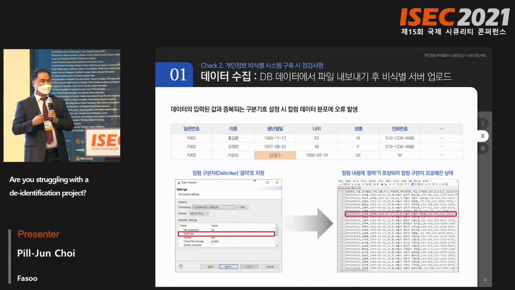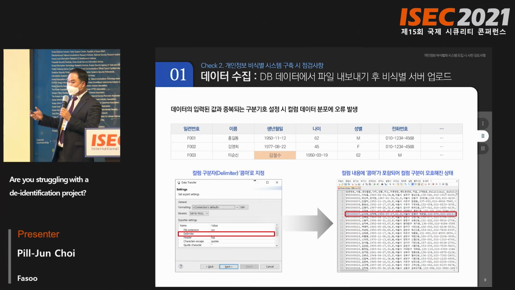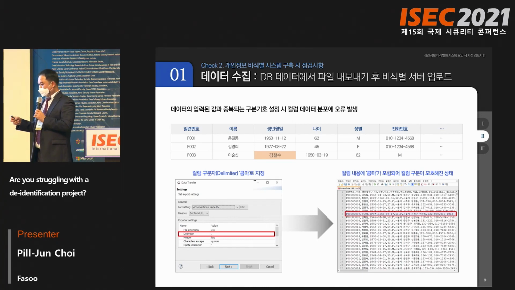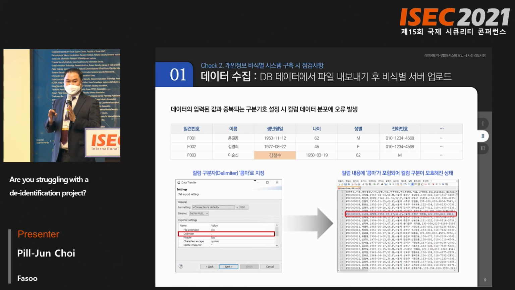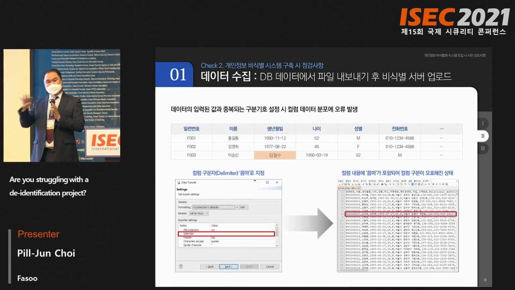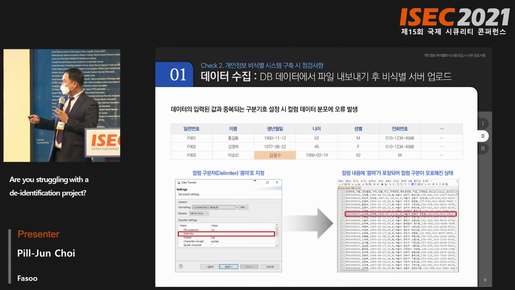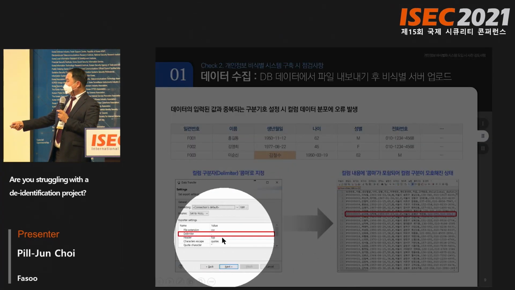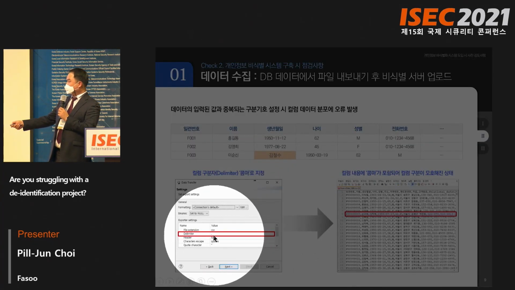Sometimes DB to DB collection is handled, or sometimes you may upload the files manually, and this is an example of manual uploading. If there is a DB administrator handling information as a CSV file, there are steps to be taken when you download the file.